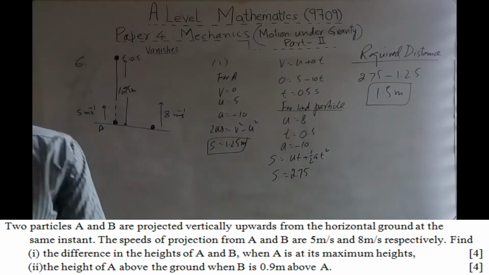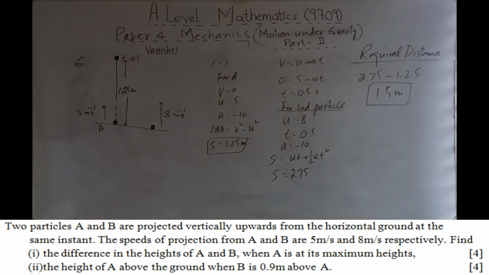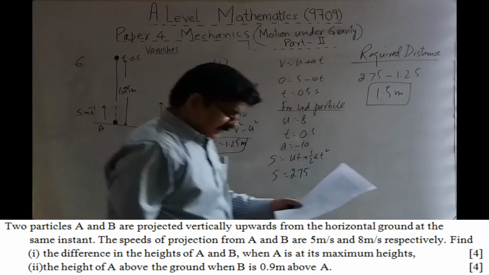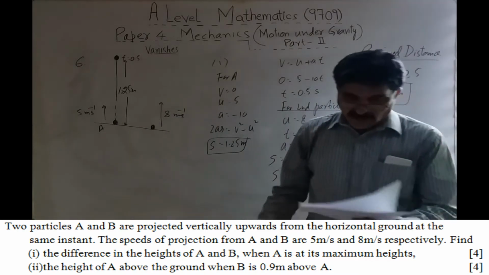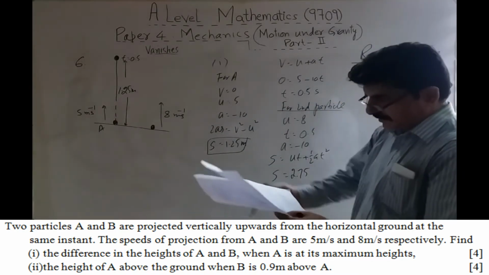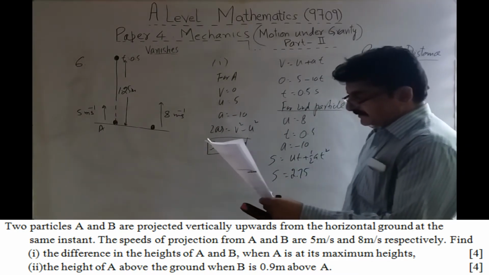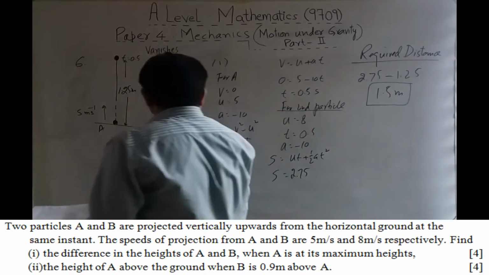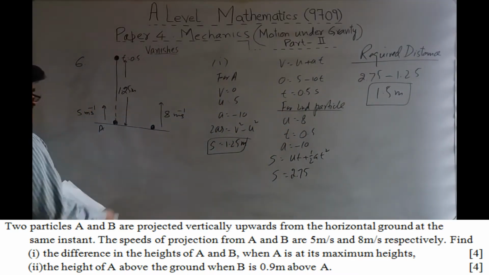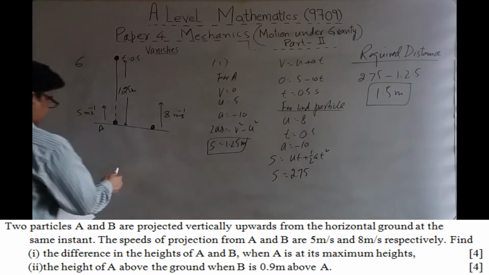Now read the second part. Height of A above the ground when B is 0.9 meter above A. Now, I have a separate diagram, make a separate diagram for this part.